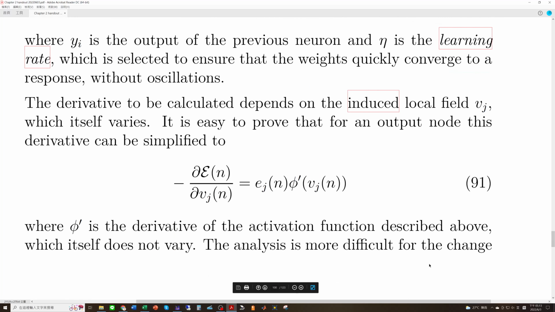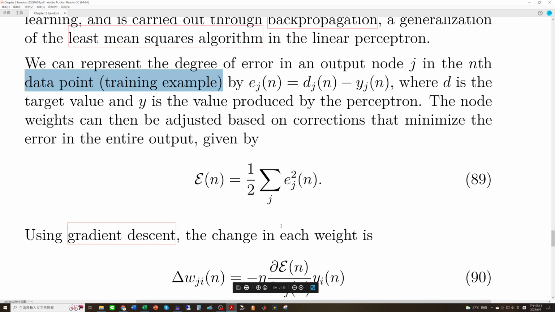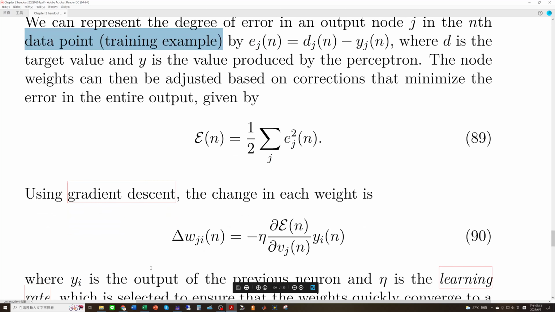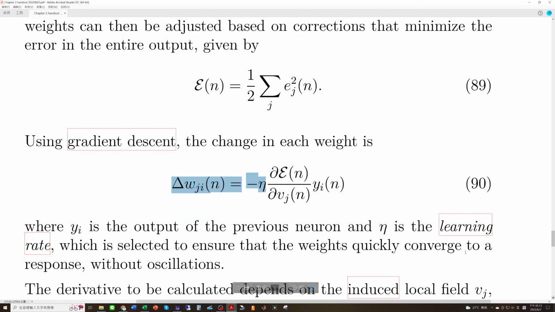So delta Wji(n) is equal to negative eta. What is eta? Here eta is the learning rate. If you forget what the learning rate is, I have introduced it before.